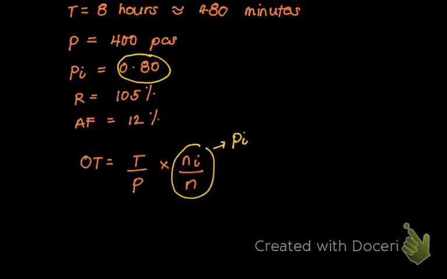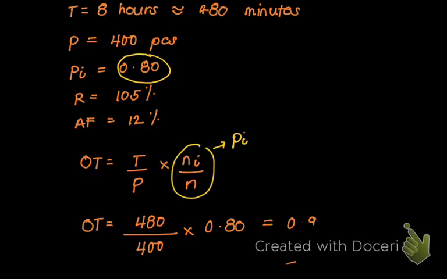So, substituting in the formula, our OT therefore is 480 divided by 400 times 0.8. So that will give you a value of 96 minutes.